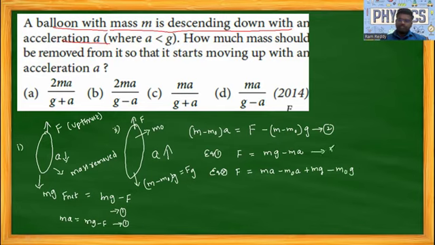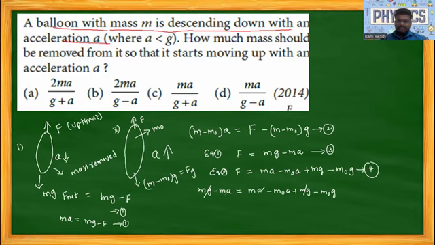Now if we observe equation 3 and 4, the force is the same. If we equate, mg minus ma is equal to ma minus m naught a plus mg minus m naught g. Then mg gets cancelled.